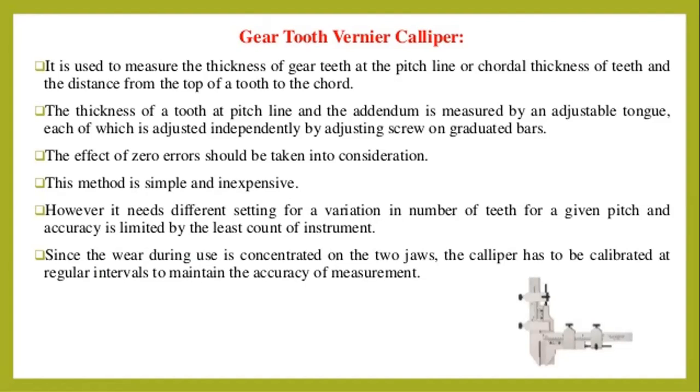This is done by the adjusting screw on the graduated bars, and the effect of zero error should be taken into consideration. This method is simple and inexpensive, that is, without any other expensive device, we are going to measure it.